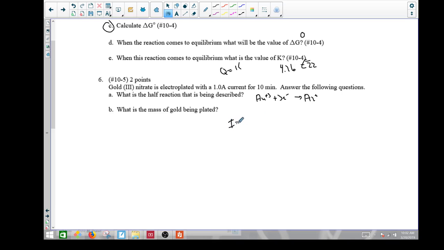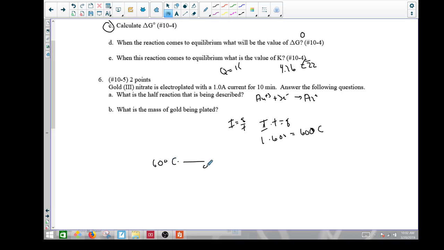Current equals charge divided by time, so current times time equals charge. Current is 1, 10 minutes is 600 seconds. So 600 coulombs.